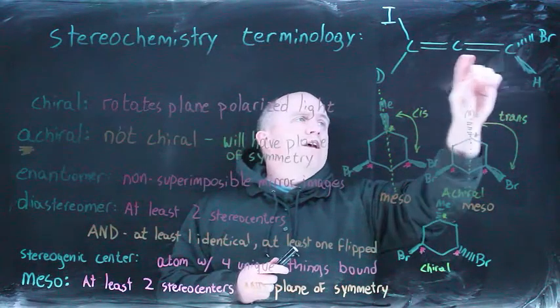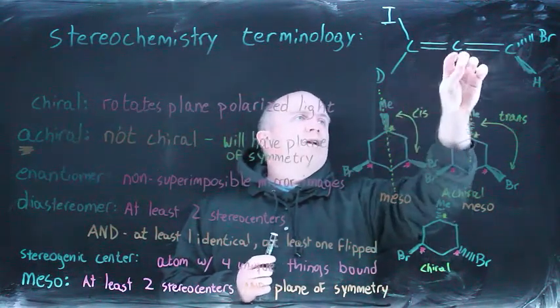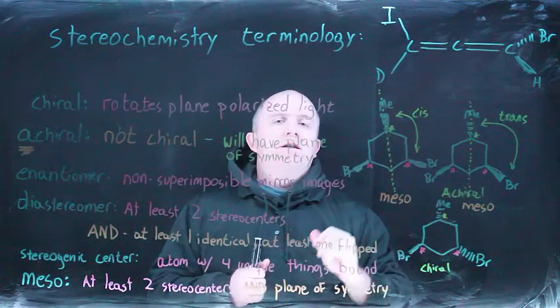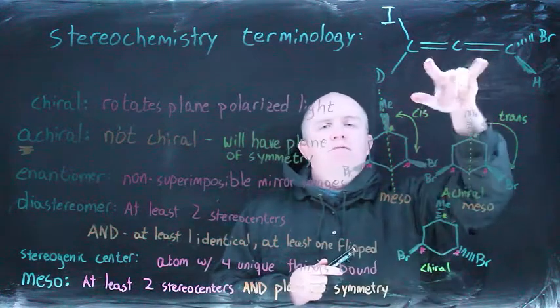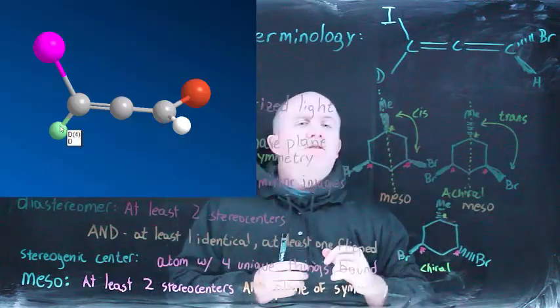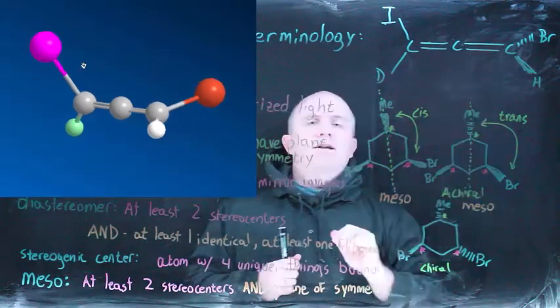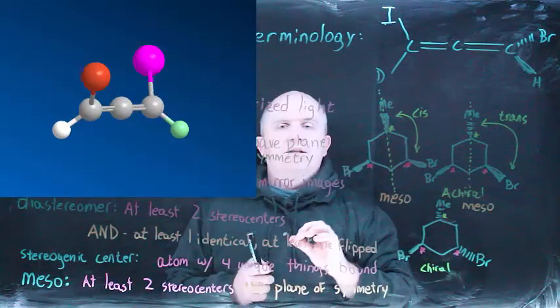A molecule like this that has two double bonds, so that no one carbon in this molecule can be bound to four unique things, can nevertheless be a chiral molecule. And that is because if you were to build a model of this, you would find almost immediately that it has a top and a bottom, a left and a right, and because of that, it is a chiral molecule, even though no one spot in it is a chiral center.